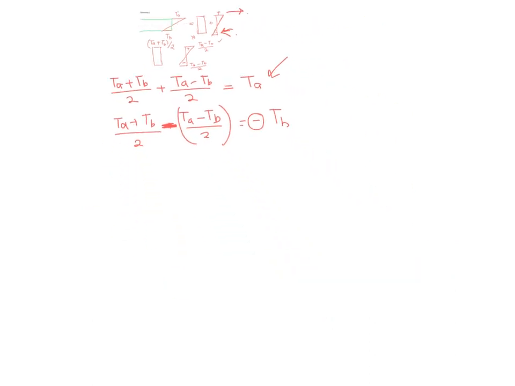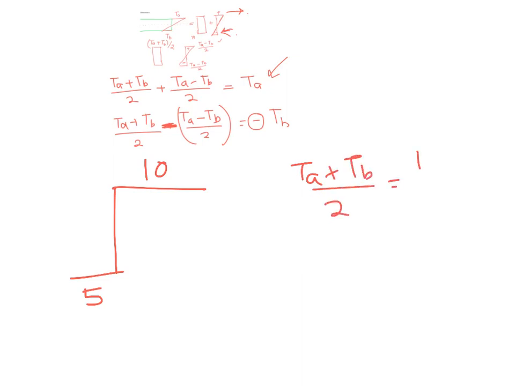In our case, the increment at the top is 10 and decrease is 5. So let's calculate the gradient in our case. If you calculate the uniform change, that will be Ta plus Tb by 2. So that will be 10 plus, now here it is decrease in temperature, so we'll put minus 5, by 2. This comes out to be 2.5.